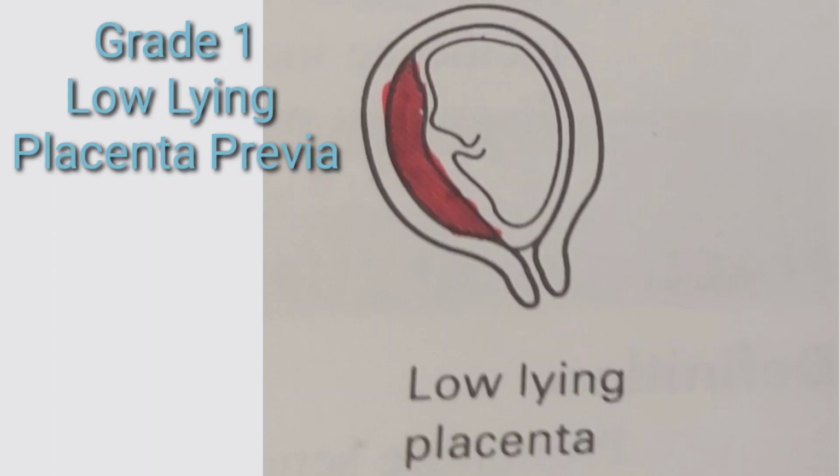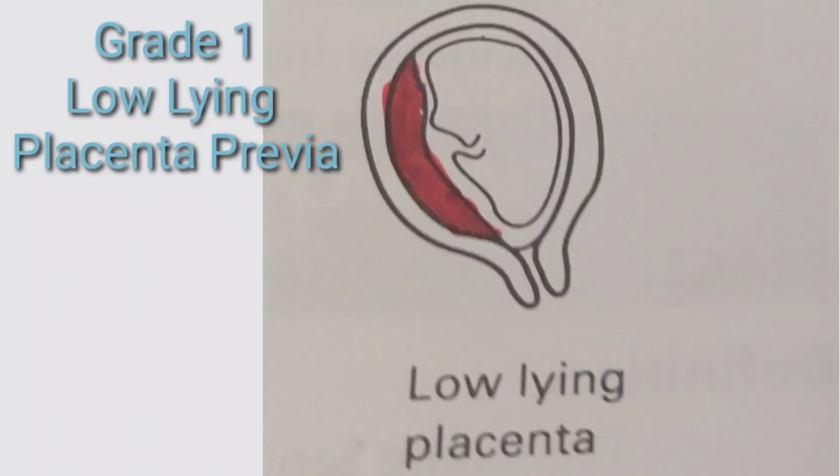Placenta previa grade 1 is also called low-lying placenta previa. The criterion for low-lying placenta previa is that the placenta ranges from 0.5 millimeter up to 2 centimeters away from the internal os.